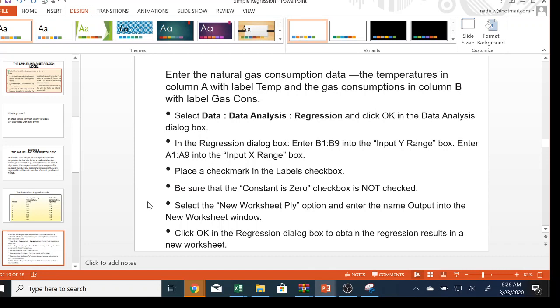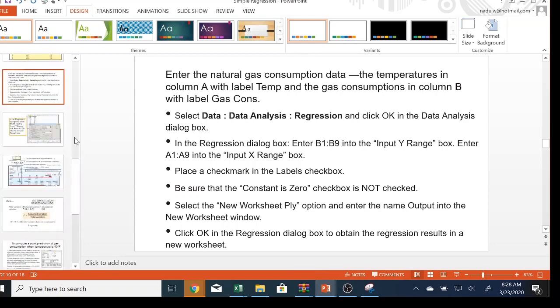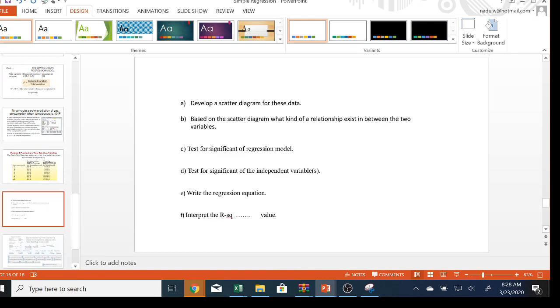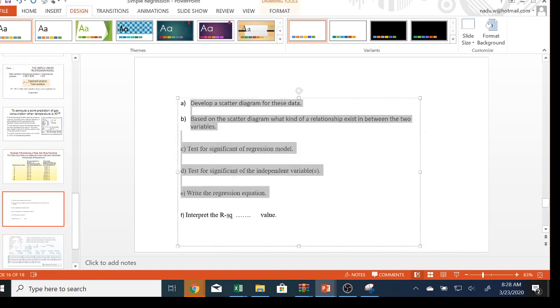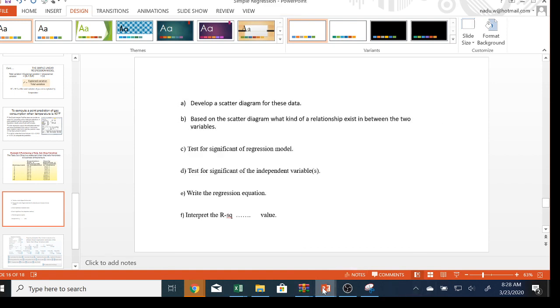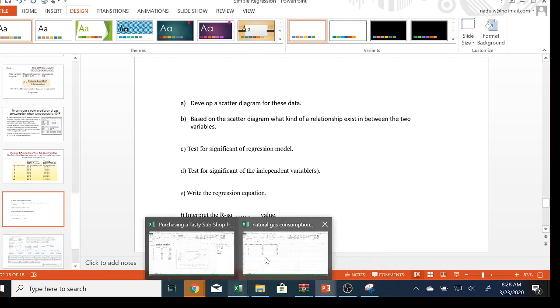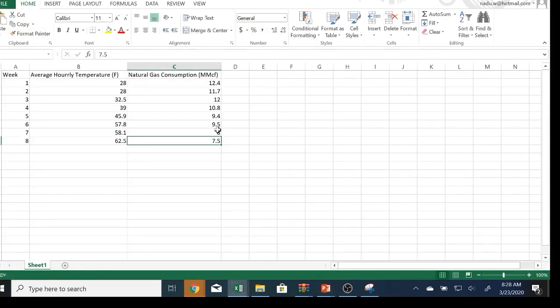So first, what we try to do is that I am going to come up with the scatter diagram. So what I am going to do is I am going to follow these steps. First, we are going to develop the scatter diagram and the trend line in the particular scatter diagram.